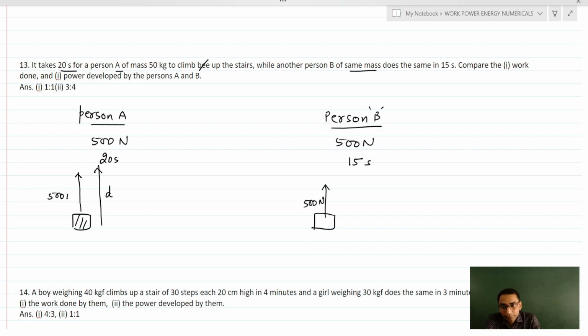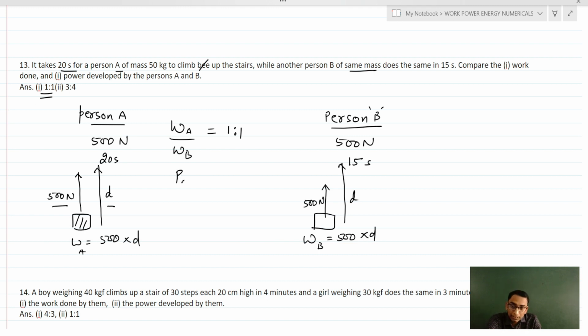Displacement is same in both cases. So the work done is force times displacement, that is 500 times D. Work done by B, work done by A is again 500 times D. So the ratio of work done by A to work done by B is 1:1. That is the answer to the first part.